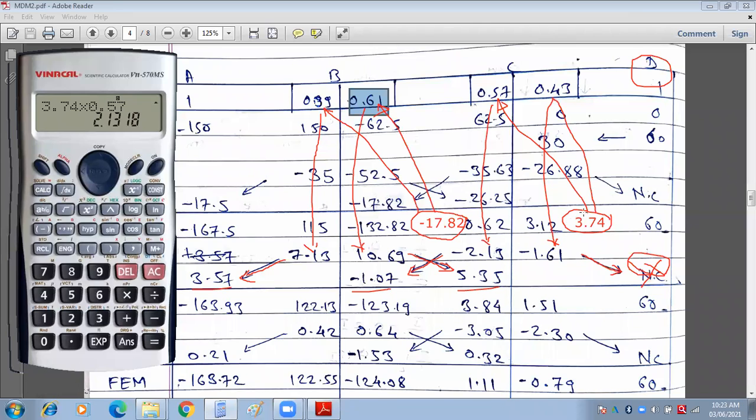Now here the term is plus, that's why the balance moments are minus, and out of this 50% is transferred to the next end, divided by 2, 1.07. Similarly again 3.74 into 0.43, 1.61, and no carryover to the far end.